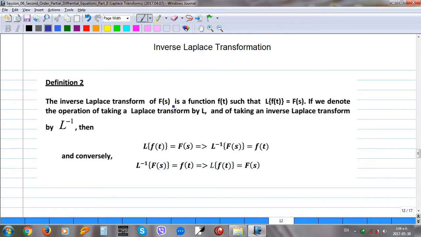And the inverse Laplace transformation, definition. The inverse Laplace transformation of F(s) is the function f(t) such that L{f(t)} equals F(s).